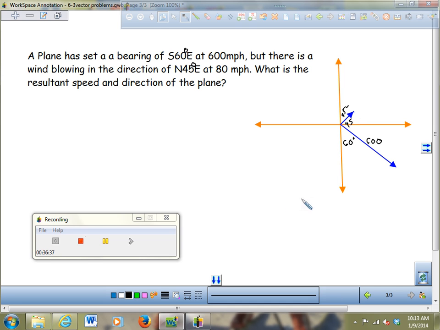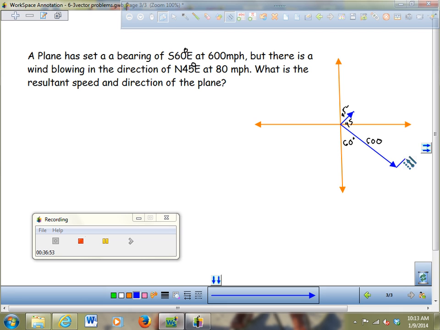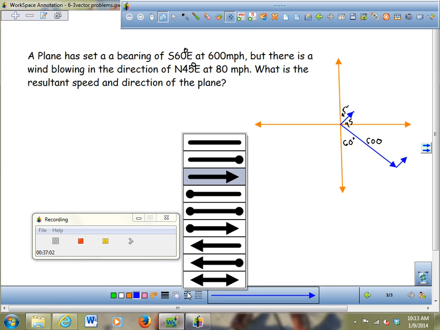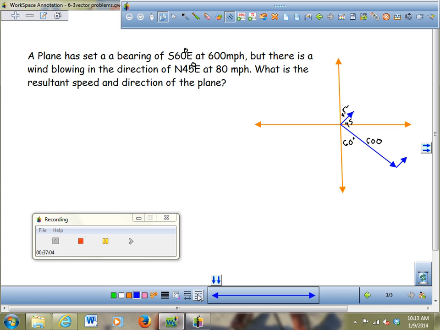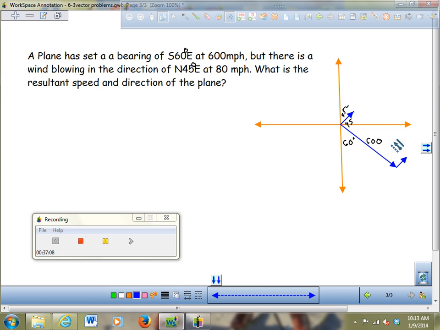But really, that's not where the resultant is going to be. I could add these two vectors, but the wind is blowing this way, the plane's trying to go this way, right? So really, I want to add these two vectors together. So in other words, let's get the arrows on here, and draw in a little XY axis right here.